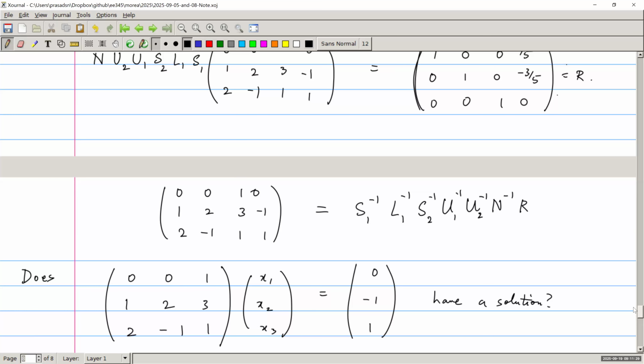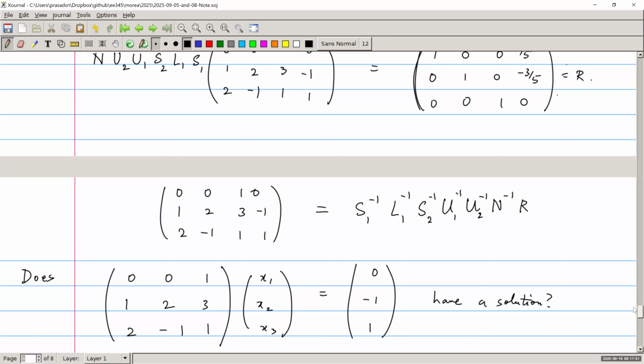Now tell me, does this have a solution, and if so, what? What do you read this as? You read this as a matrix times a vector, so it's a linear combination of the columns. The coefficients are unknown: x1, x2, x3 are the unknowns. It says x1 times the first column plus x2 times the second column plus x3 times the third column.